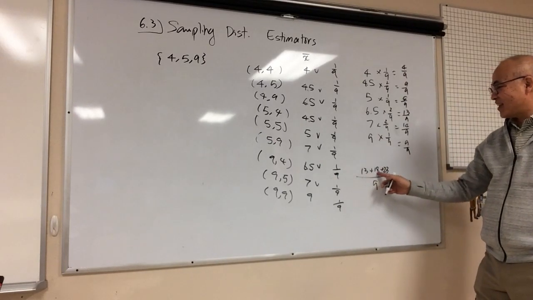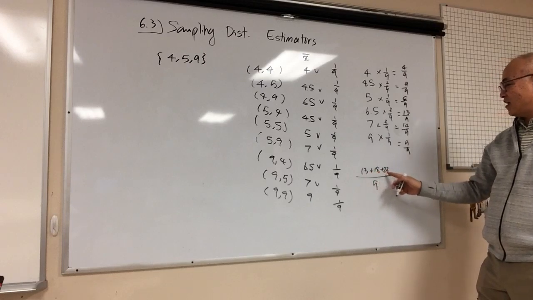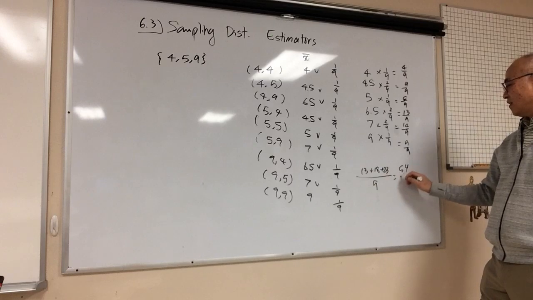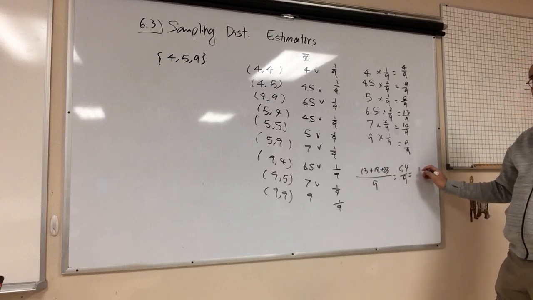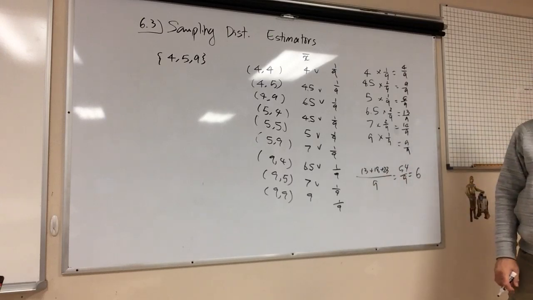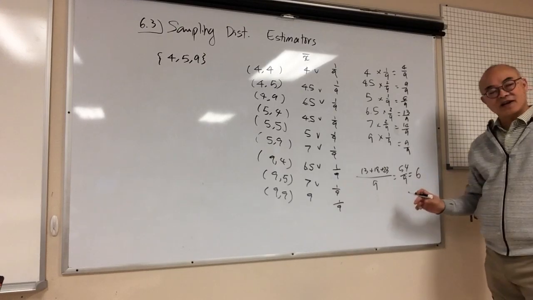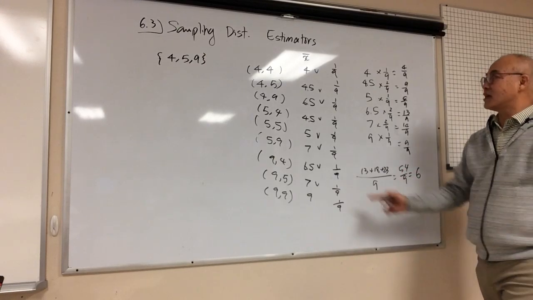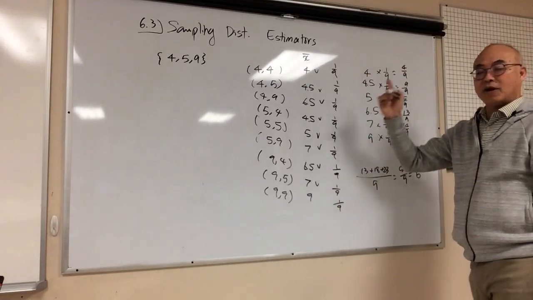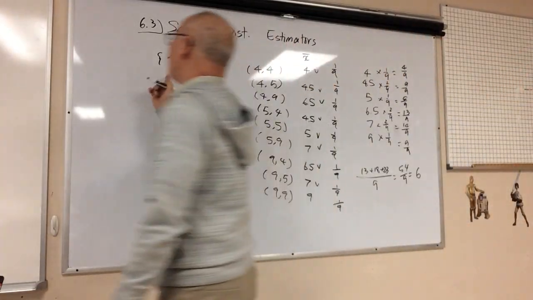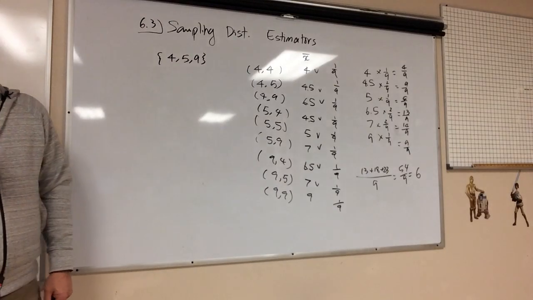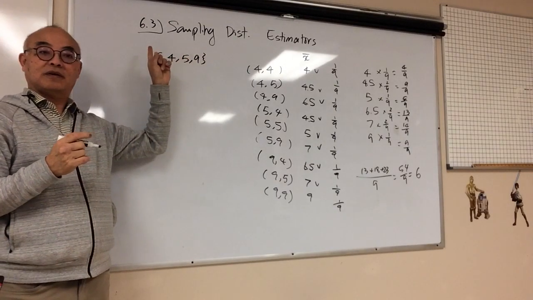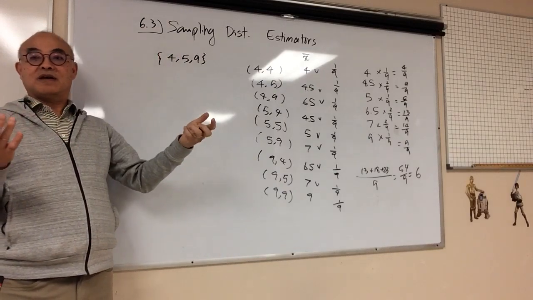So I add these two, I get 31, 54, which is 6. So this is my sample mean, right? This is the total of all of them. What is my population mean? It's just the mean of these 3 numbers, which is what? 6.